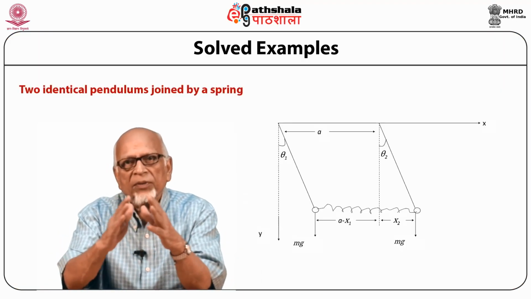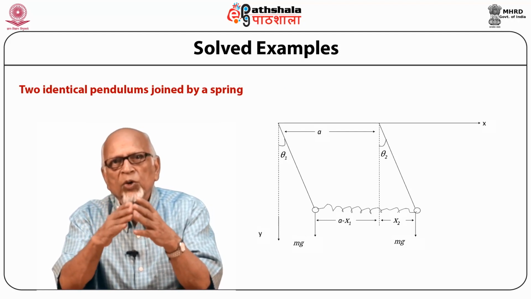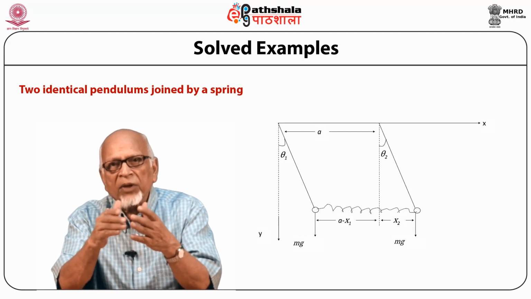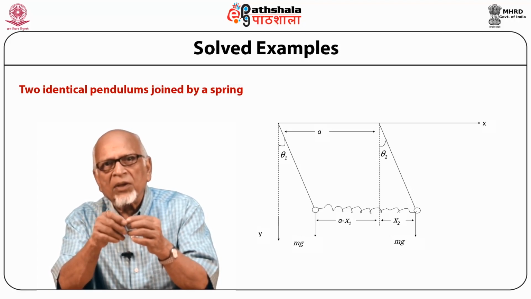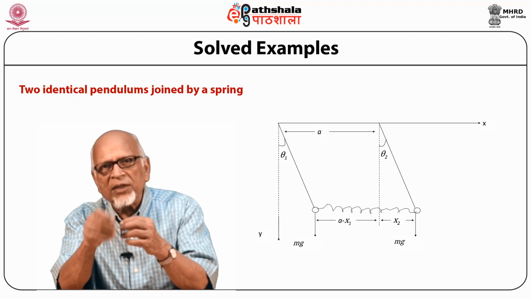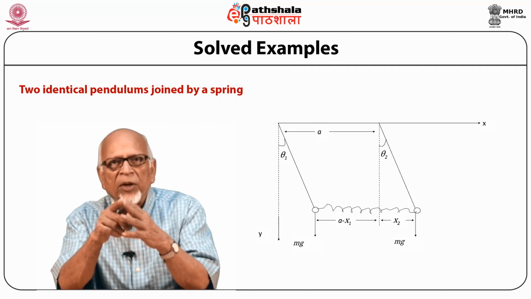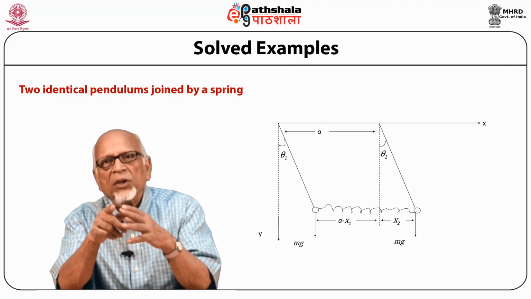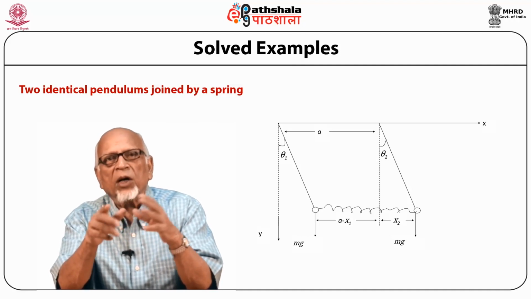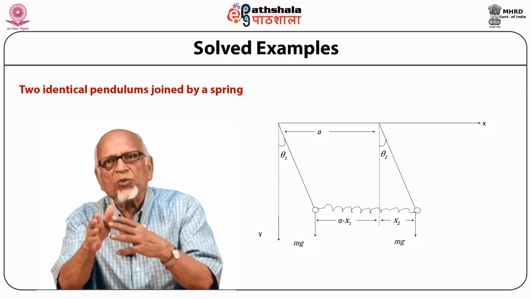So in terms of these two angles, theta 1 and theta 2, we can write down the Cartesian coordinates of the two pendulums 1 and 2, that is x1 is L times sine theta 1 and y1 is L times cosine theta 1 are the Cartesian coordinates of the pendulum 1. The Cartesian coordinates of the pendulum 2 in terms of the generalized coordinate theta 2 are given by x2 is equal to L sine theta 2 and y2 is equal to L cosine theta 2.